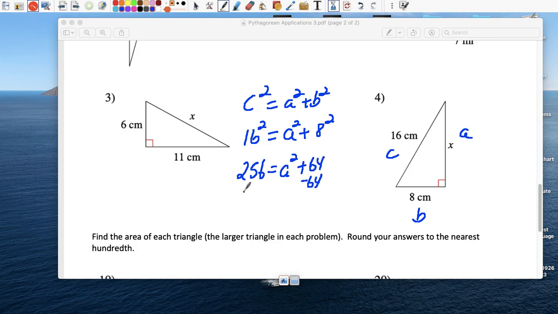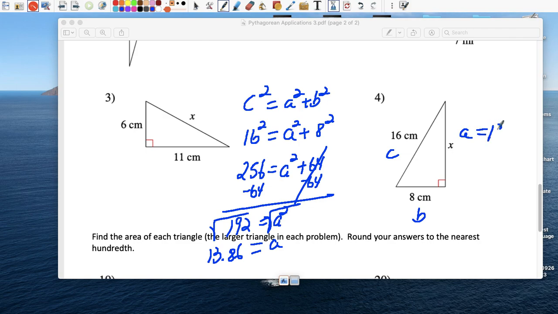Subtract 64. A squared equals 256 minus 64, which is going to give us 192. Take the square root of both sides, and we have that A is approximately 13.86. Okay.